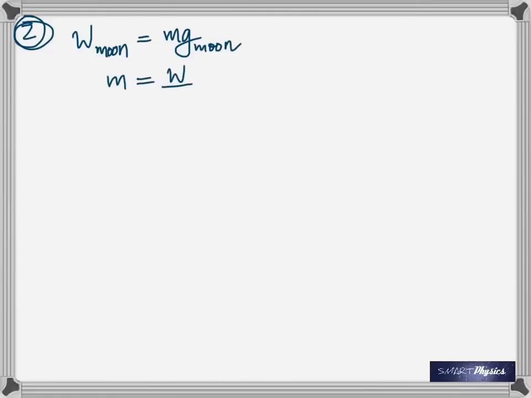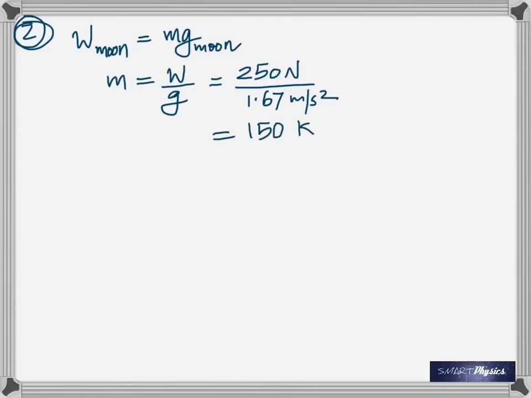Okay, on question 2, it's going to come up: weight on the moon. Weight is mass times acceleration due to gravity. So mass is weight divided by acceleration due to gravity, which is 250 divided by 1.67 meters per second squared, and you get 150 kilograms.